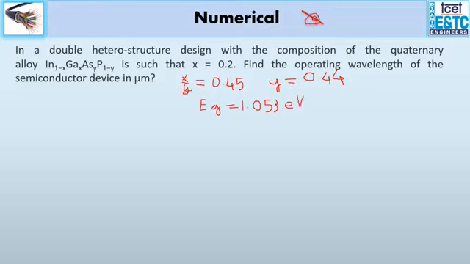Now once you have your Eg, what you are finally asked is the operating wavelength. What is the formula for operating wavelength? I told you it is 1.24 divided by Eg in electron volts. How much are you getting? 1.17.